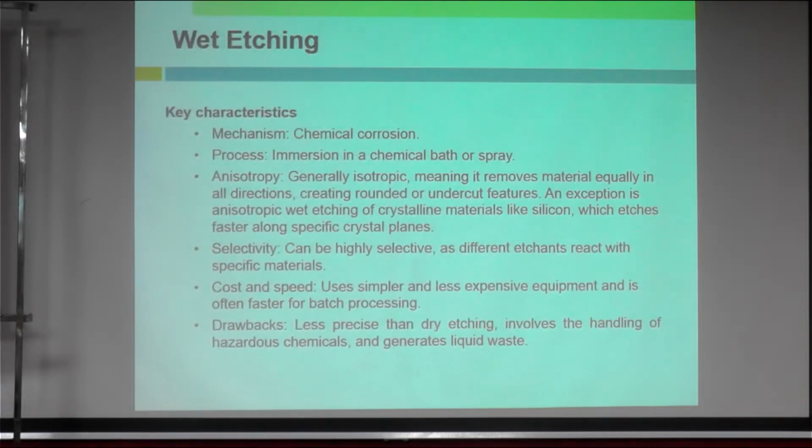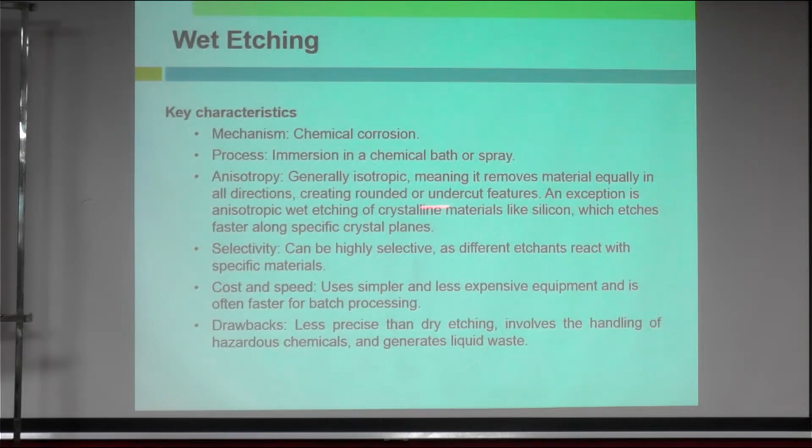The key characteristic mechanism of wet etching is chemical corrosion. Basically, it's a corrosive process, with immersion in a chemical bath or spray. You have a bath of the chemical liquid, or you spray it onto the surface of the material, then corrosion happens and removes the material. It is generally an isotropic process, meaning it removes material equally in all directions, creating rounded or undercut features.